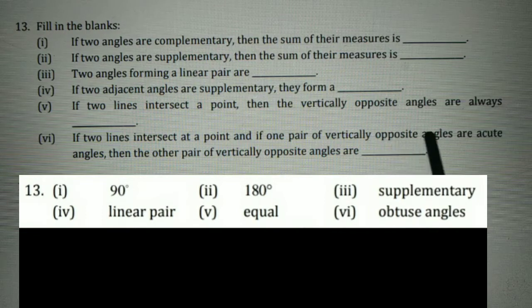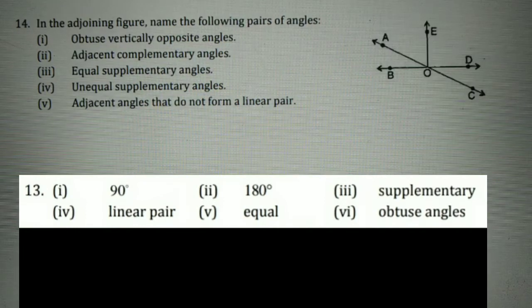To maintain the total 180 degree angle, because only then the total sum is 360 degree. You know, four angles are around the point, so total 360. If two are acute, then two must be obtuse. Acute means less than 90, obtuse means more than 90 degree.